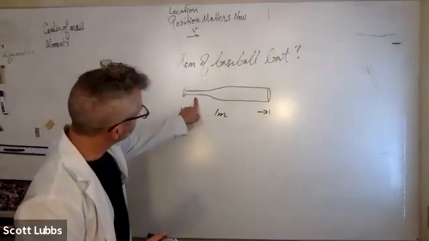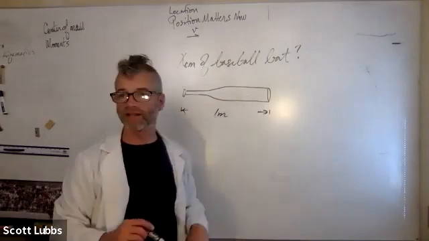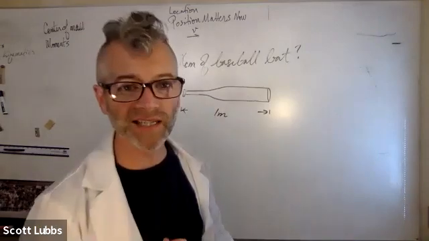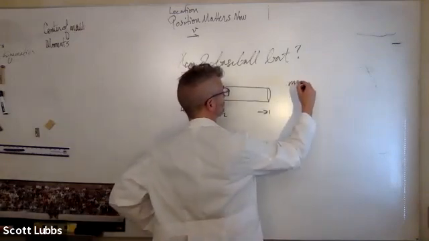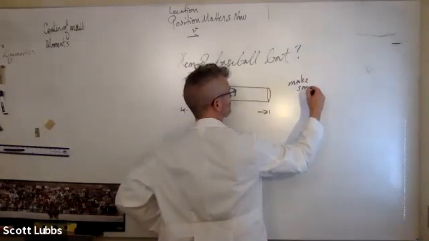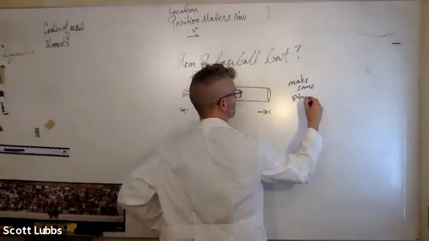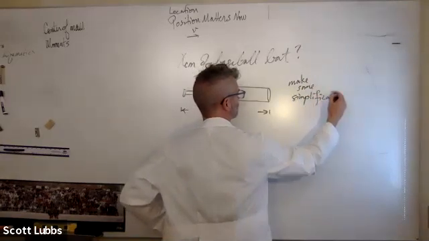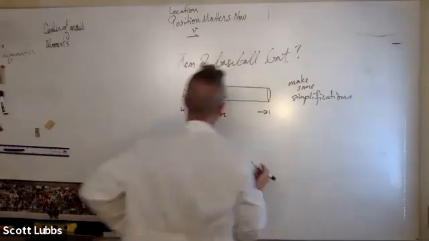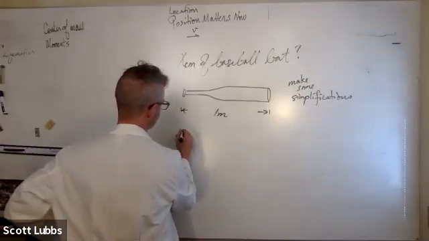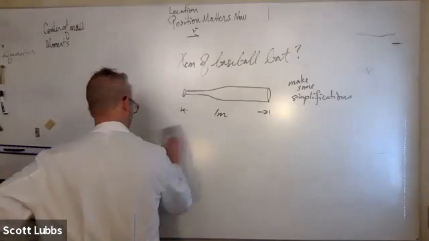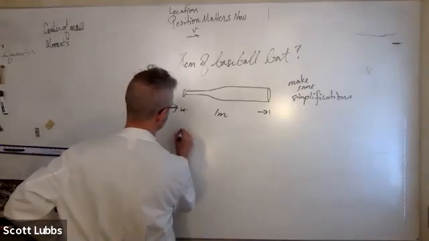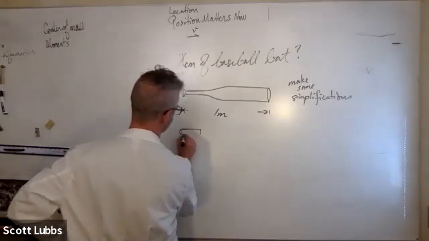But you can see it's thinner on this side than it is on that side. So this is not uniform. So I'm going to have to make some assumptions, some simplifications. I'm going to treat this as a uniform piece that's this big.